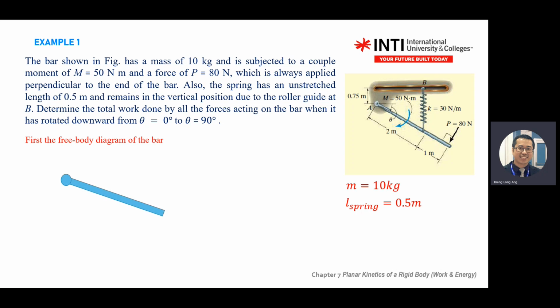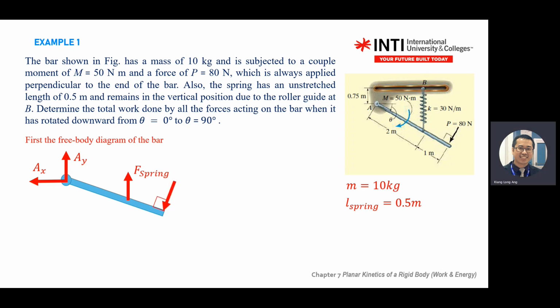Okay, you draw the free body diagram. So there's a pin, positive, negative, right? There's a y and x axis. Okay. AY, AX. Then there's a spring at a certain distance at 2 meters.